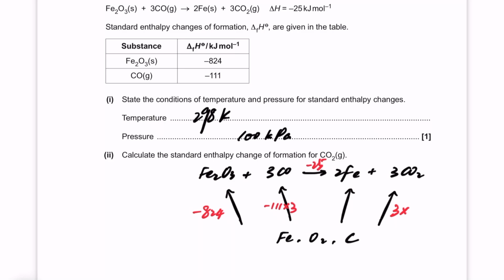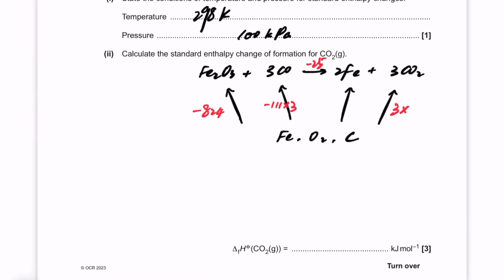Okay, and now that we've got everything, it's time for us to write it out in pathway 1, pathway 2, from the same starting point to the same ending point. I'll show you guys how to do that in detail. Minus 824 minus 111 times 3 minus 25, that is route 1, equal to 3x, that is route 2.